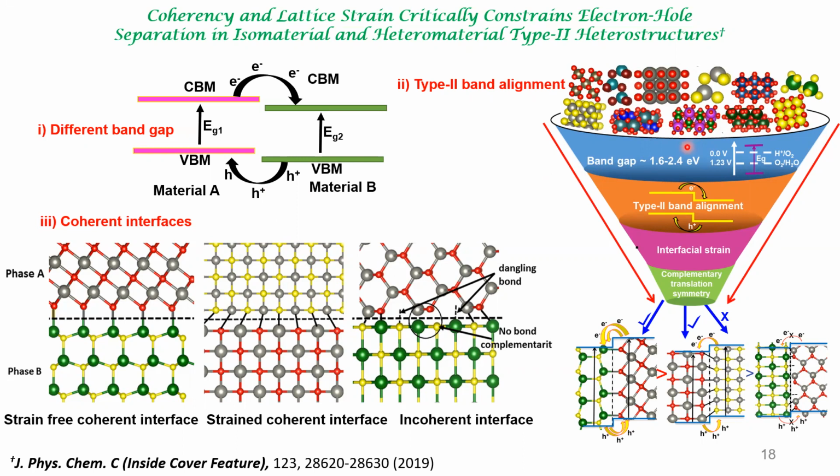We explored all these heterostructures in terms of band gap, band alignment, and interfacial strain that exists between the native and non-native structures. Based on a computational study, we were able to come up with what would be the optimal interface formed between native phase and non-native phase.